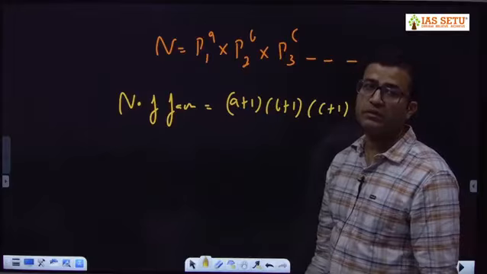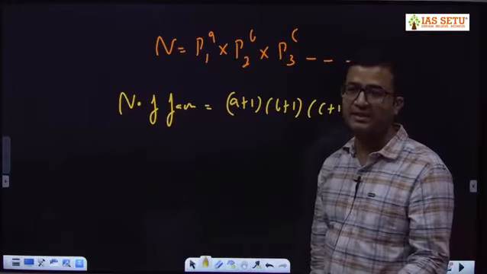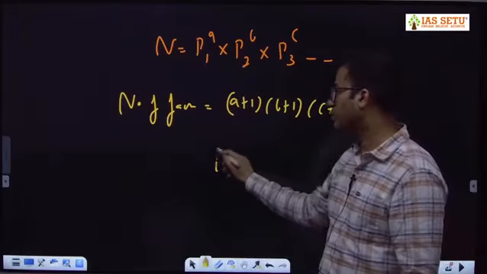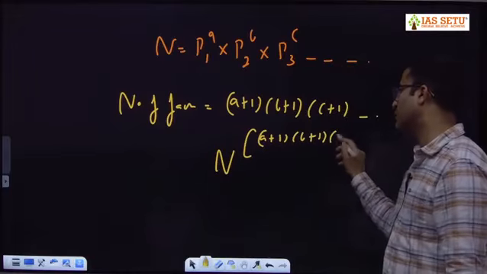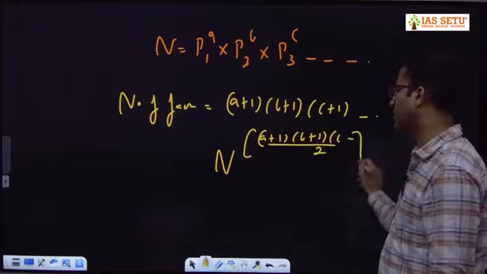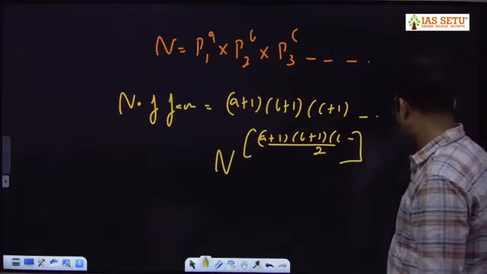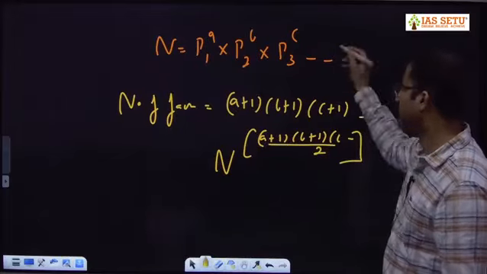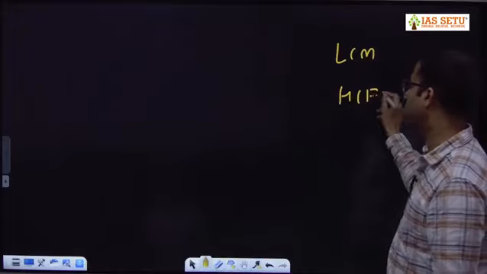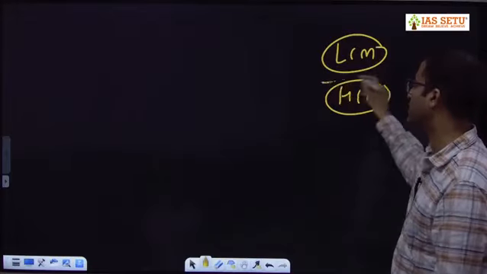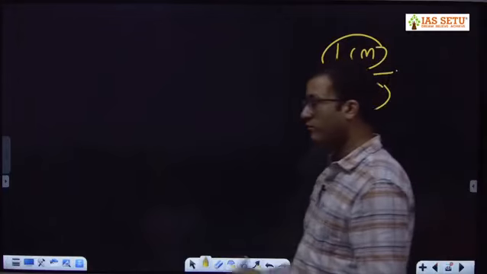Sum of factors is easy to understand with an example. Product of factors is n to the power (a plus 1 into b plus 1 into c plus 1 and so on) divided by 2. Then I told you LCM and HCF. We have covered the basics related to LCM and HCF. So now your homework.